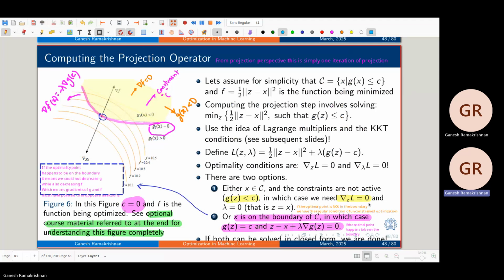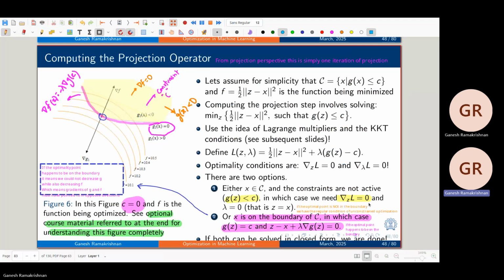If you go inside g, you'll end up increasing f. Then I'm happy about being on the boundary. It was your question, right? z is on the boundary of C, in which case g(z) equals 0, and z minus x plus lambda times gradient g(z) is 0 in the case of f being a quadratic function.